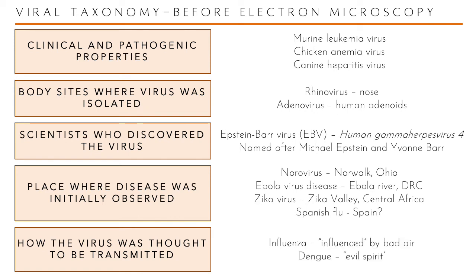For example, influenza. It was named after the Spanish word for influenced, meaning you were influenced by bad air, because they thought back then that diseases, respiratory diseases specifically, were from inhaling what they called bad air or dirty air, what you now call miasma.